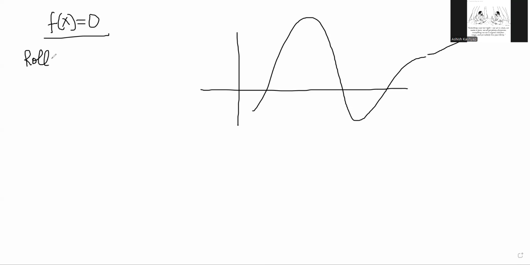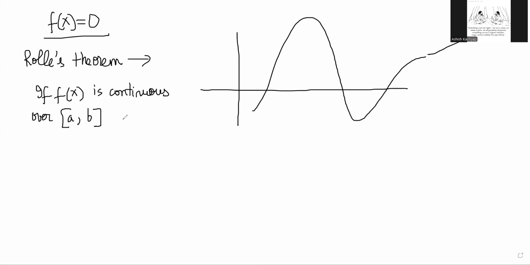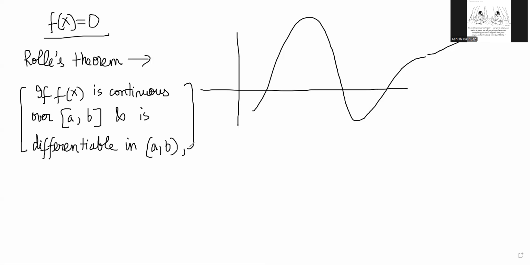Rolle's theorem says that if f of x is continuous over some interval a to b and is differentiable in the interior of that interval a to b. This continuity and differentiability concept you will learn soon. So for now, you should just know that all polynomials are always continuous and differentiable everywhere.